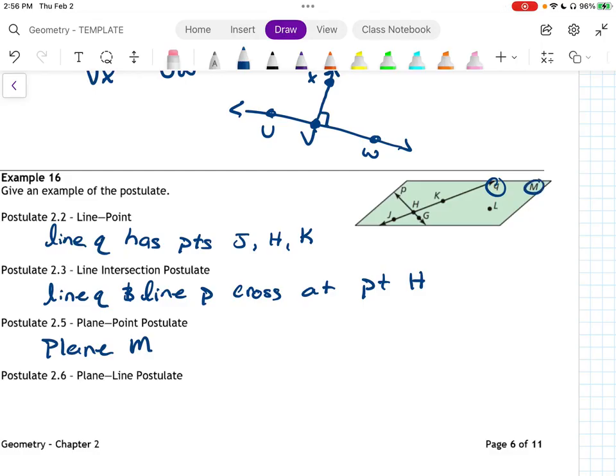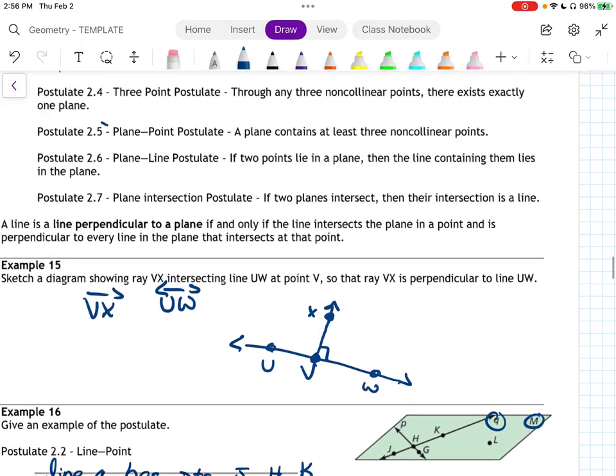I'm going to say plane M has points, and we could list a ton of them, but I'll say J, K, and L. There are 3 points right there. J and K are collinear, right? Any 2 points are collinear. And then L.